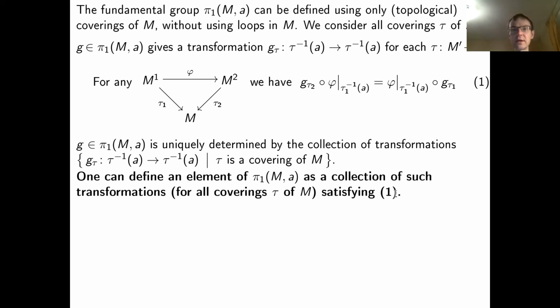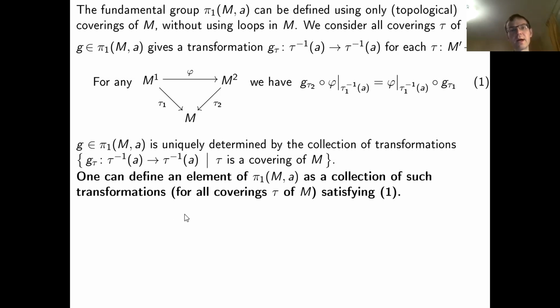This is a very important point of my talk, so I would like to repeat and explain in more detail. We give the following non-classical definition of the fundamental group. Although this definition is non-classical, it is of course known to specialists.